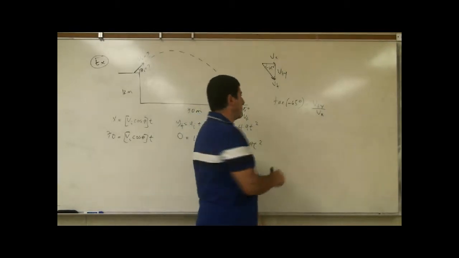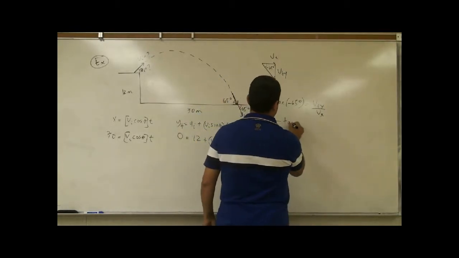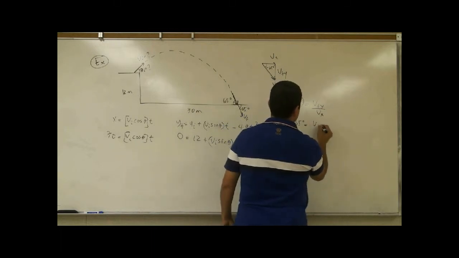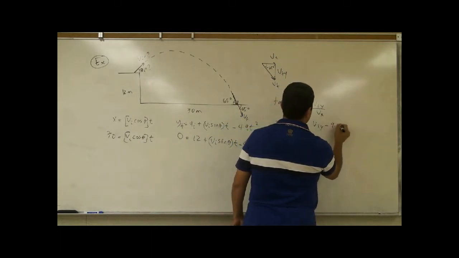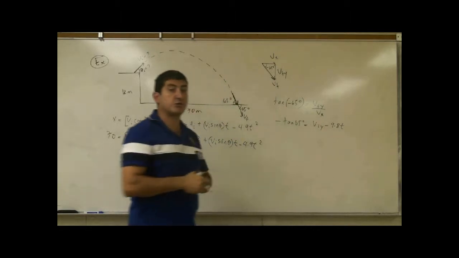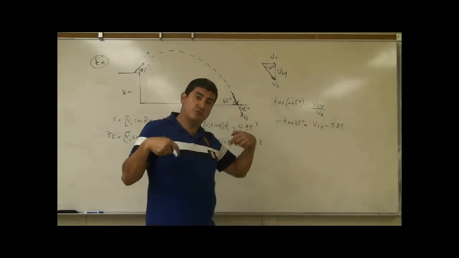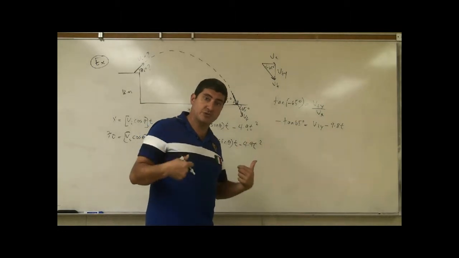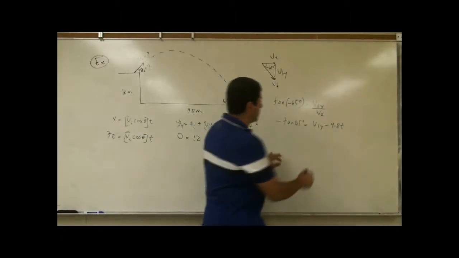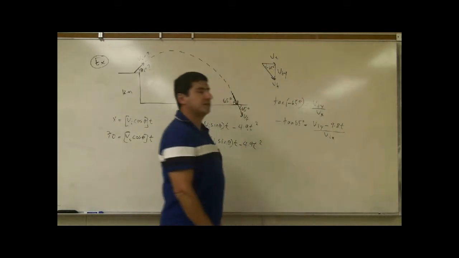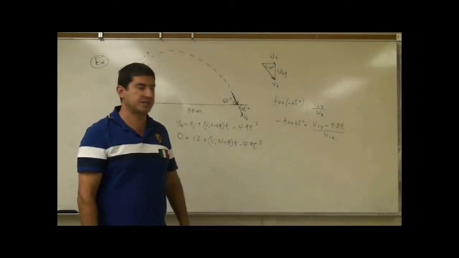Because tangent is an odd function. What's V final y? It's V initial y minus 9.8 t. That's the first equation of projectile motion. The initial y component, minus 9.8 t, and then Vx is just equal to V initial x. The x component of the velocity doesn't change.